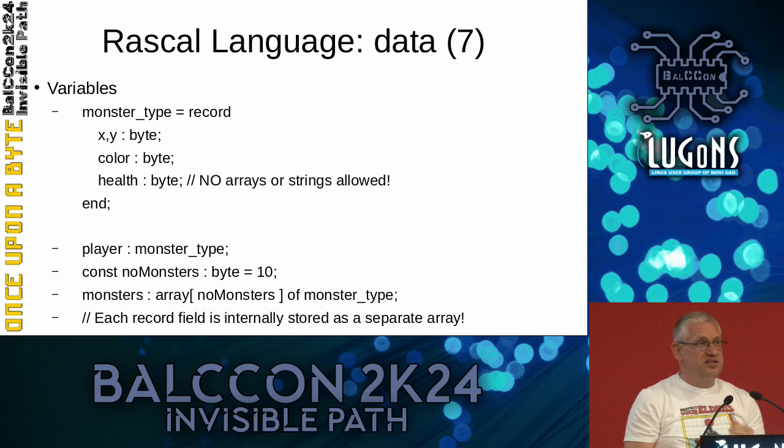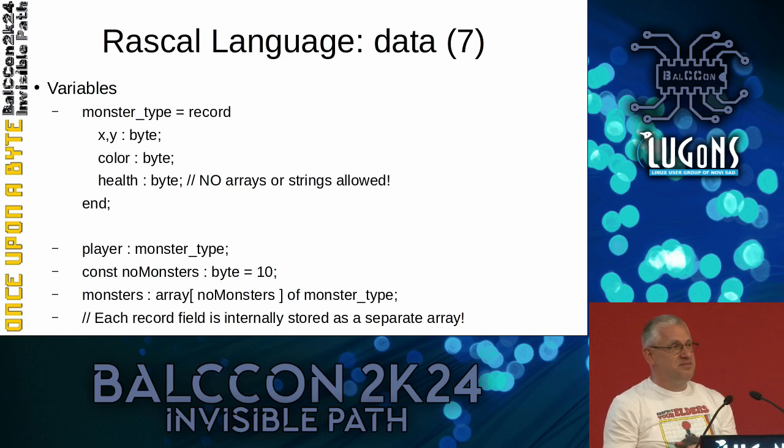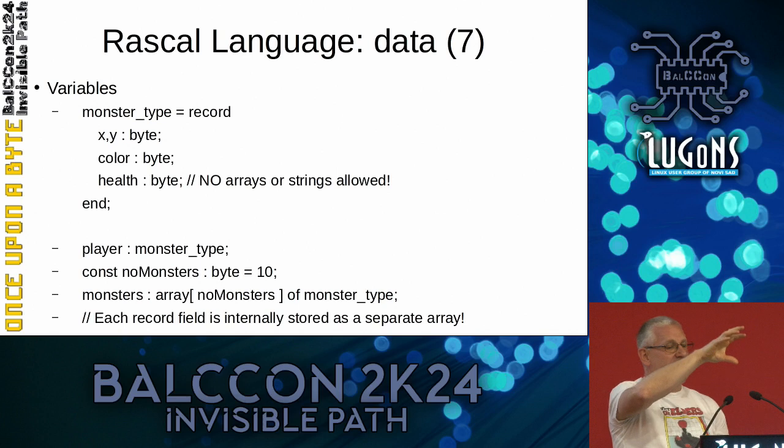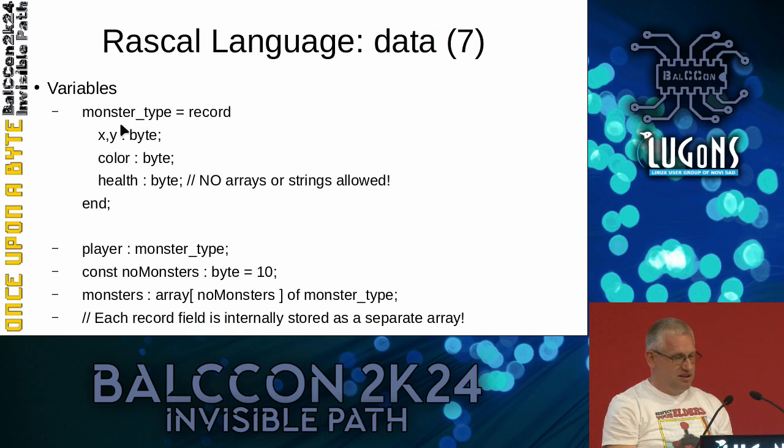But these records are somewhat special, meaning that if you make an array of records, then they are not stored sequentially, meaning you have, I don't know, 10 bytes that hold the first record, then 10 bytes that hold the second record, and so on. They are stored in the way that each element of the record is stored as a separate array. Why is that?